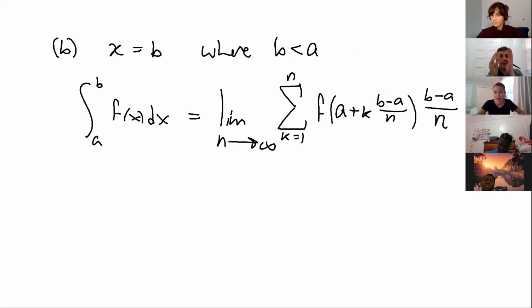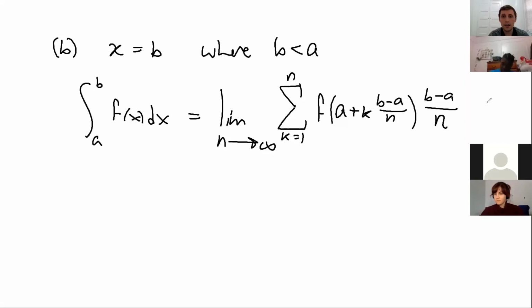I'm just describing how to cut the interval from a to b into many parts and erect the altitudes there, right? This is the altitude and this is the width. Now look at it, guys. B is less than a, which means I can write this as limit as n goes to infinity. I will try to make b minus a, guys, a negative number.